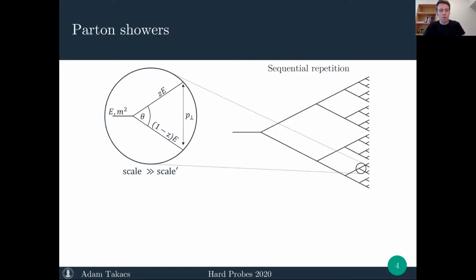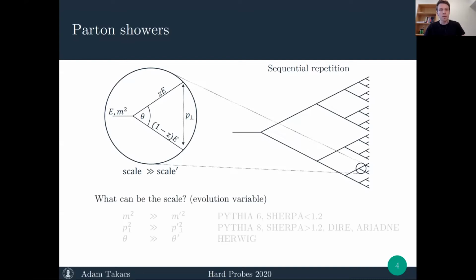An important property of the splittings, and therefore parton showers, are their scales. During each splitting, the scale strictly decreases. That's why we call them evolution variable or ordering variable. But what is this scale? For example, it could be the virtuality of the incoming parton, just like in a radioactive decay.